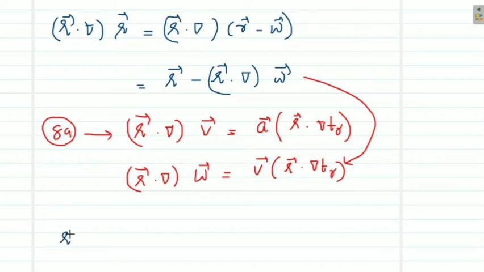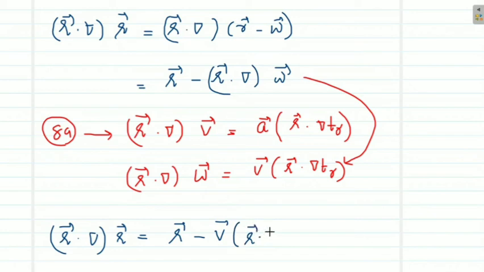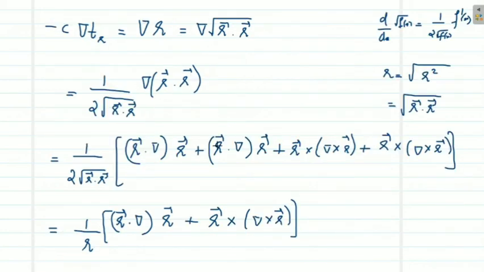So effectively we will have r bar dot del of r bar equal to r bar minus v bar into r bar dot del tr. Now the second term is r bar cross del cross r bar. So that contains a term del cross r bar. First let us do that part. Now we need to find del cross r bar, right?